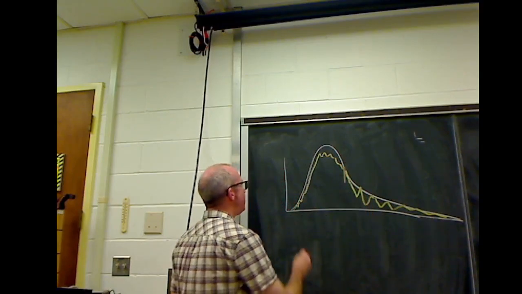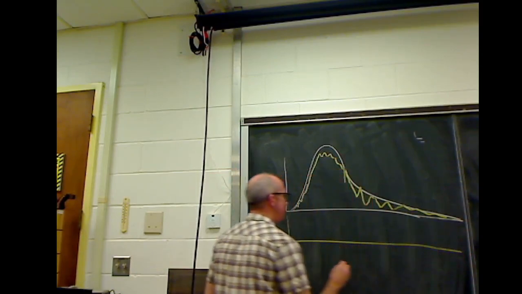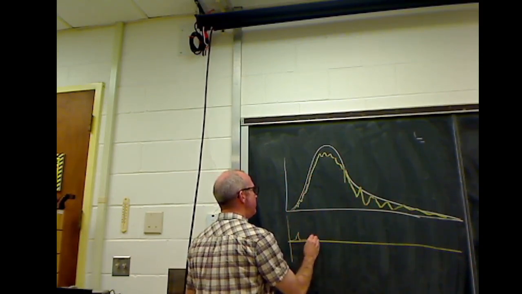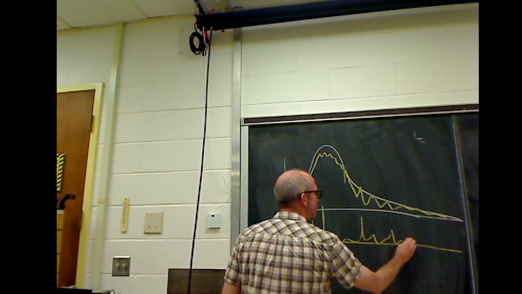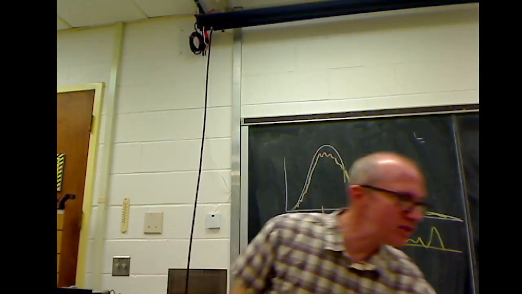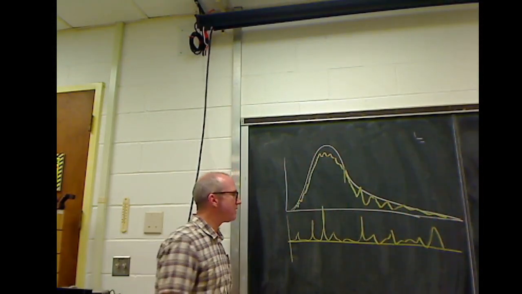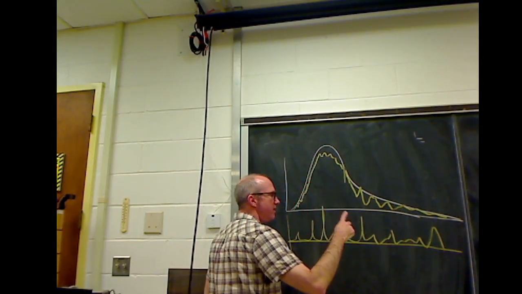So if I look at the opacity, it's going to look like this. That's not to scale or even remotely accurate. This is a cartoon. I've got all of these spiky lines because, what is this one?